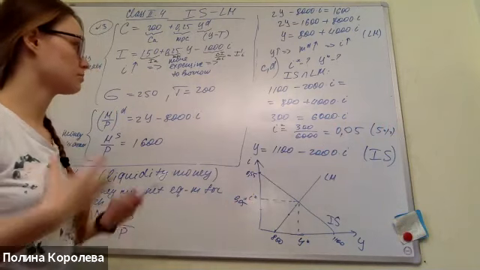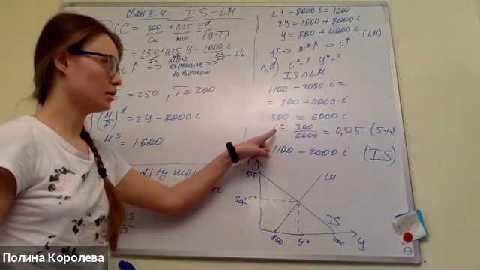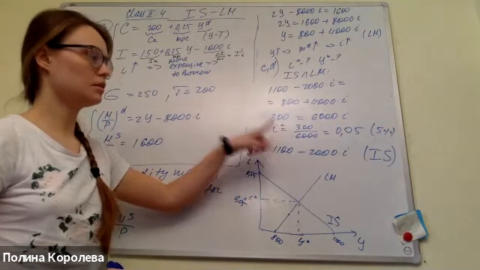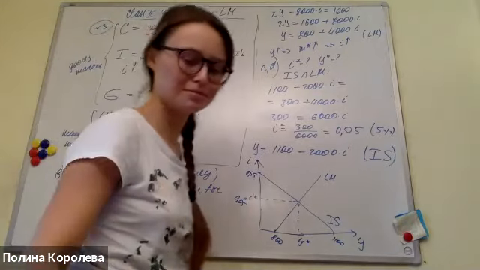And how to find GDP? Easy. Yes, we should put this equilibrium interest rate in IS or LM, like in demand or supply, when we cross them.